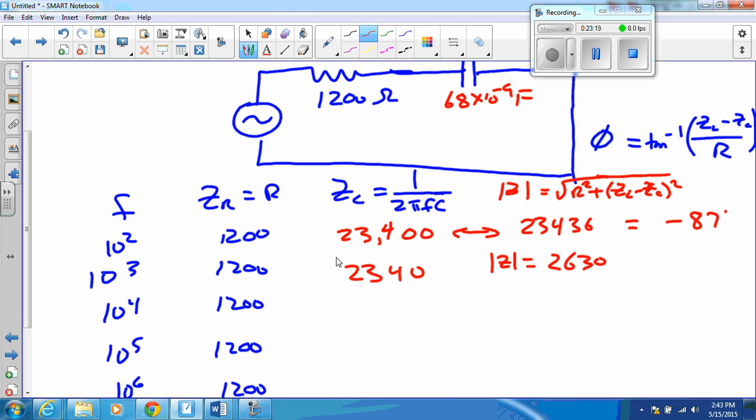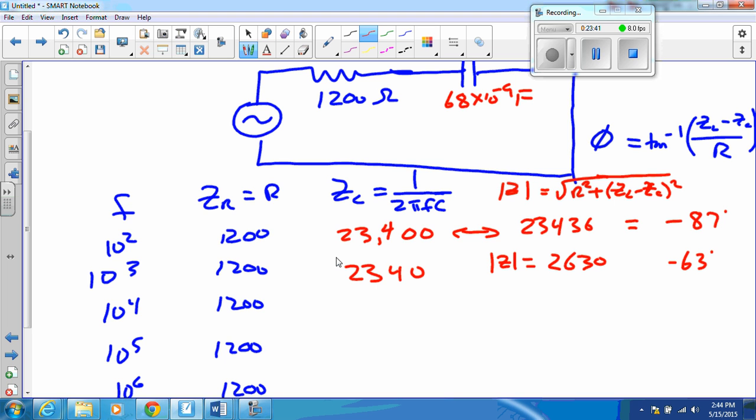I get negative 63 degrees. In other words, my phase angle is starting to moderate. All right, so let's see that with our oscilloscope here. I'm going to change my frequency to 1000. And now when I compare these two and put them on the same scale, like that, you can see the effect.